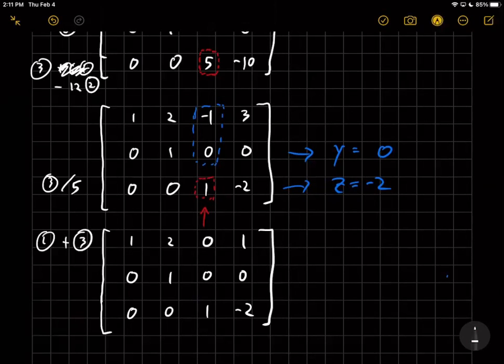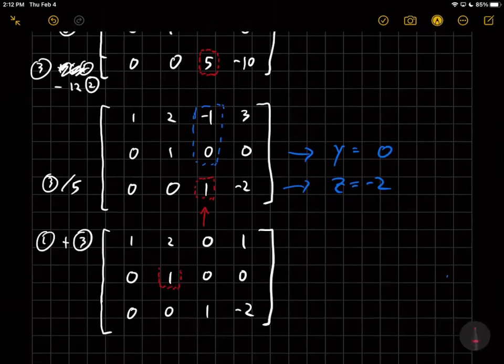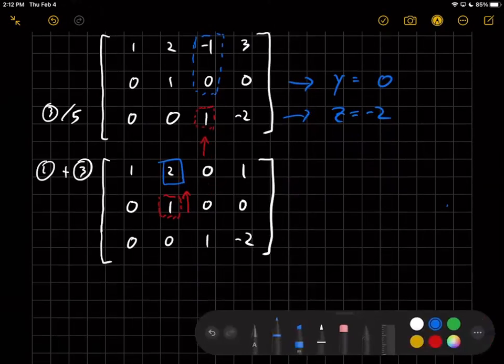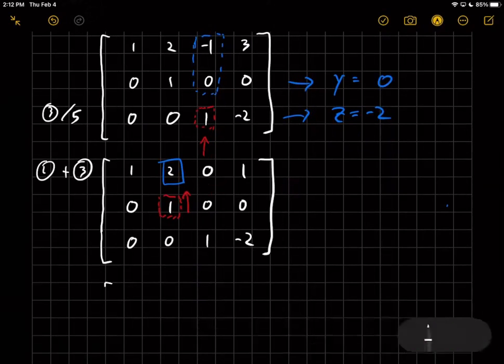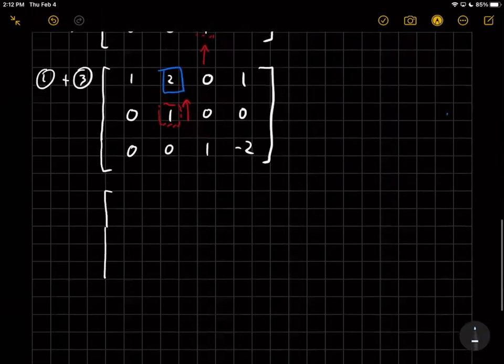So now you can see we almost have the solution for x. What we're going to do now is use this 1 to wipe out the 2 that's above it. That's a relatively easy step. We're just doing elimination along the way. So it looks like we want to take row 1 and subtract twice row 2 from it.